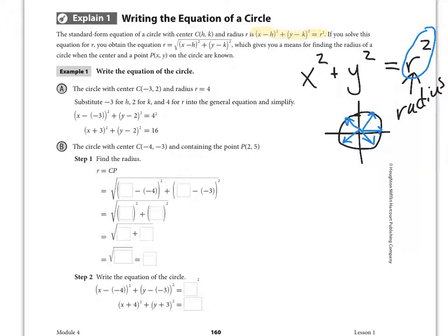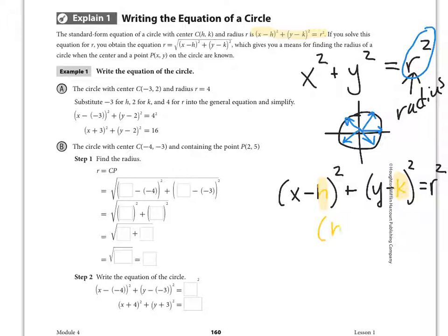So if you wanted to find the actual radius, you'd have to take whatever number was there and take the square root of it. Now when we transform this circle, we move it left or right, up and down, it follows our same transformation where we have (x minus h) quantity squared plus (y minus k) quantity squared equals r squared. And h and k is the center of your circle.